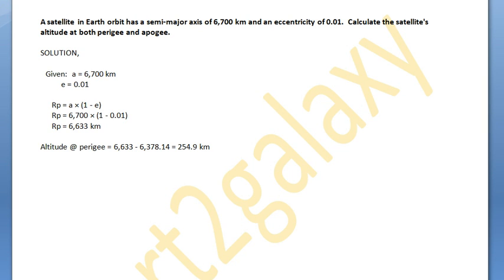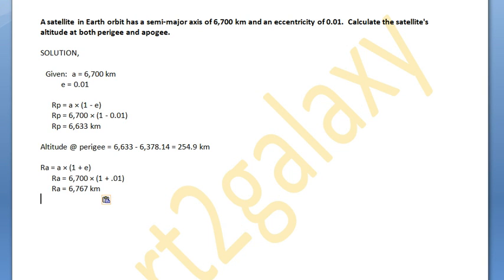As we know, the radius of the Earth is 6378.14 km, so altitude of perigee is 6633 − 6378.14, which equals 254.9 km.